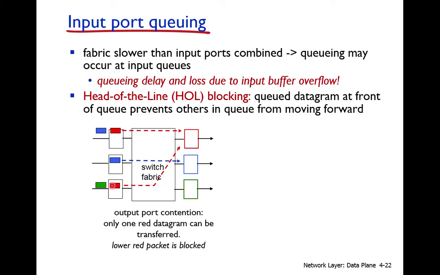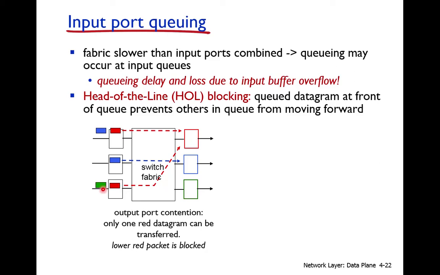Now, behind this red packet, there is one green packet that is waiting, and this green packet is for the green output port. When this packet is moving to this output port and this packet is moving to this output port, this green packet could be moved to the green output port, but it cannot be moved. Why? Because the red packet is waiting in the queue ahead of it.